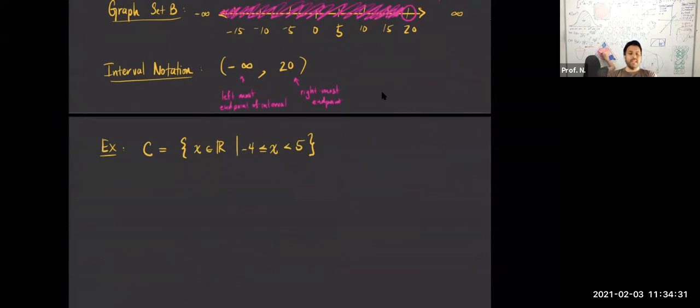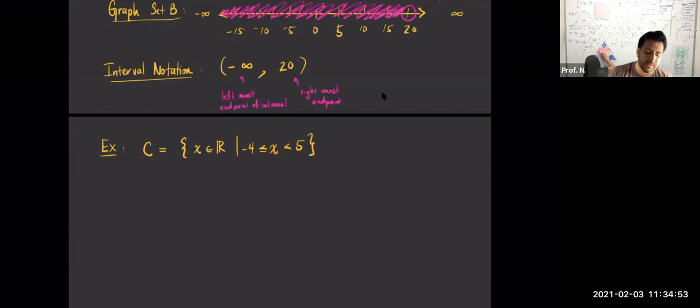So what am I saying here? I am saying that C represents all real numbers between -4 and 5. So x is less than 5, but x is also bigger than or equal to -4.